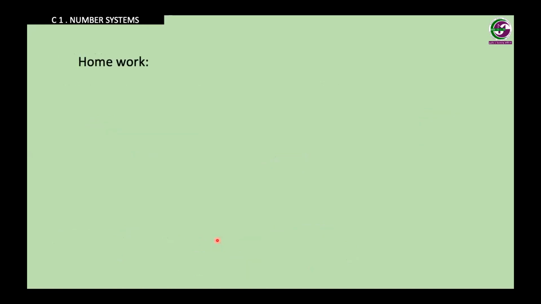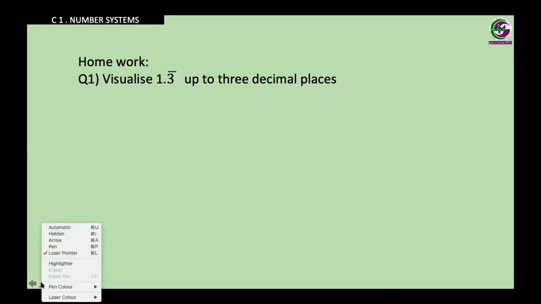Okay, next is as usual your homework time. Visualize 1.3 bar on a number line up to 3 decimal places. How can you represent it? Did you get an idea how to do that? For example, we can write this as 1.333.